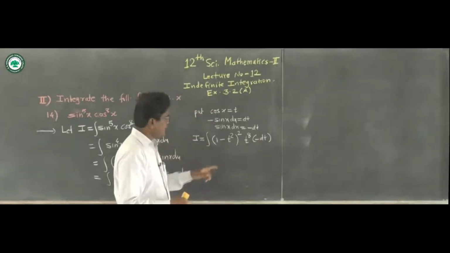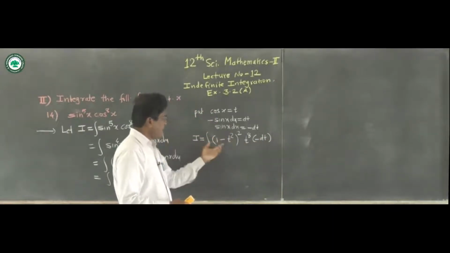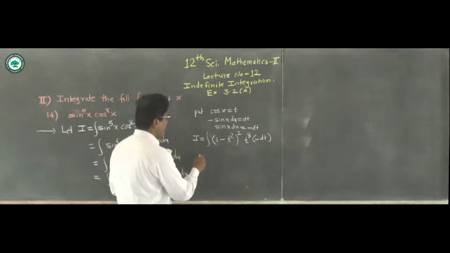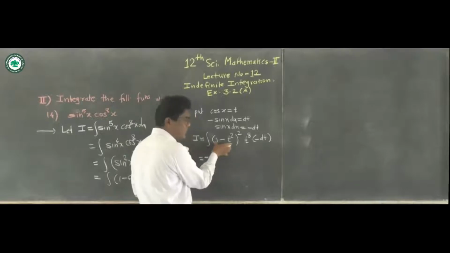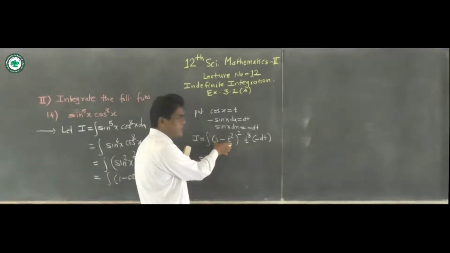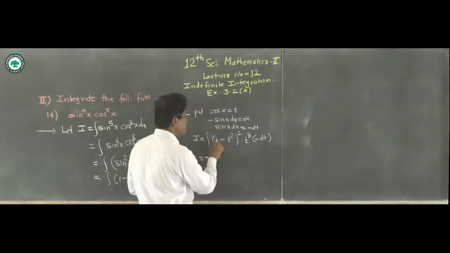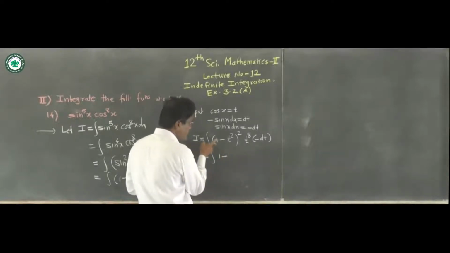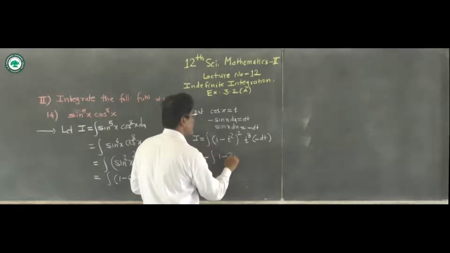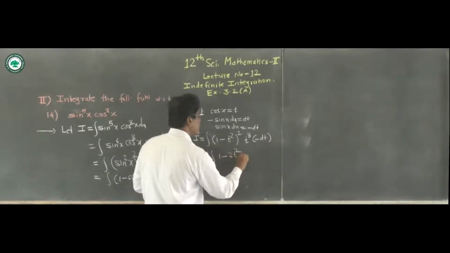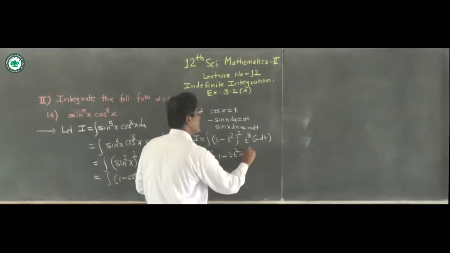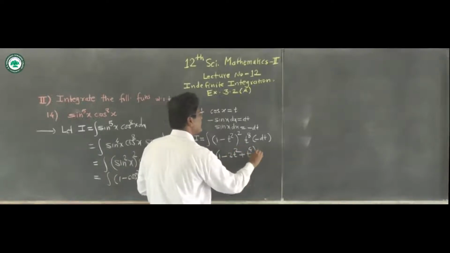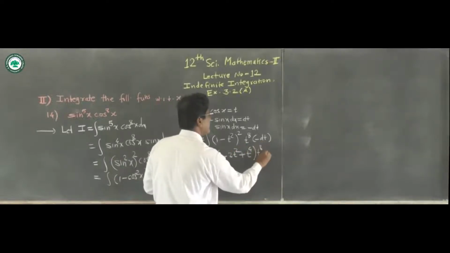Now take this minus sign outside the integral and expand this bracket using the formula a minus b bracket square, that is a square, 1 square, minus twice ab, so twice a is 1, b is t square, so twice t square, plus b square, that is t square to the square, that is t to the power 4, into t to the power 8 and dt.